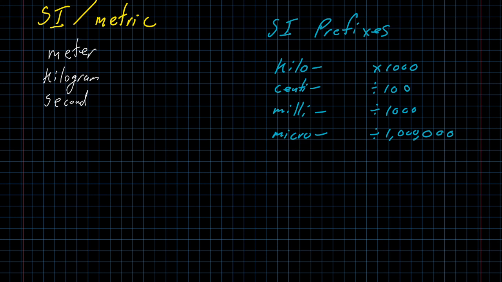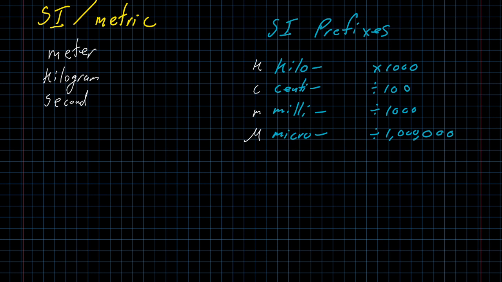The symbol for kilo is K. The symbol for centi is C. The symbol for milli is a lowercase m. Lowercase is important here. There is also a capital M for mega. I'm not going to get into it because I've never actually seen it used. But then we've already run out of M's.